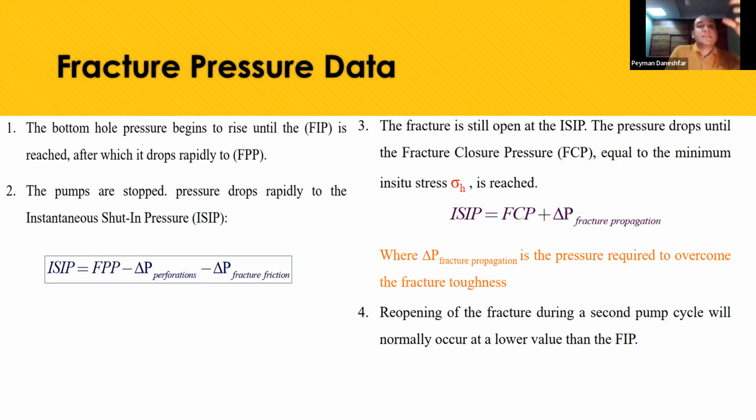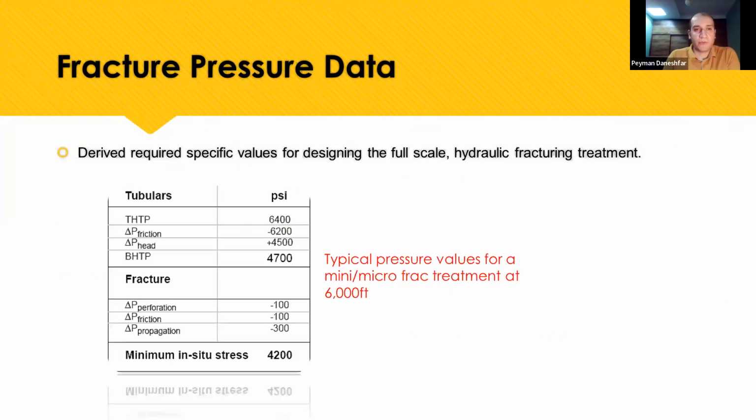The fracture is still open, and the pressure drops until the fracture closure pressure, equal to the minimum horizontal stress. A second cycle would normally occur at a lower value of the fracture initiation pressure.